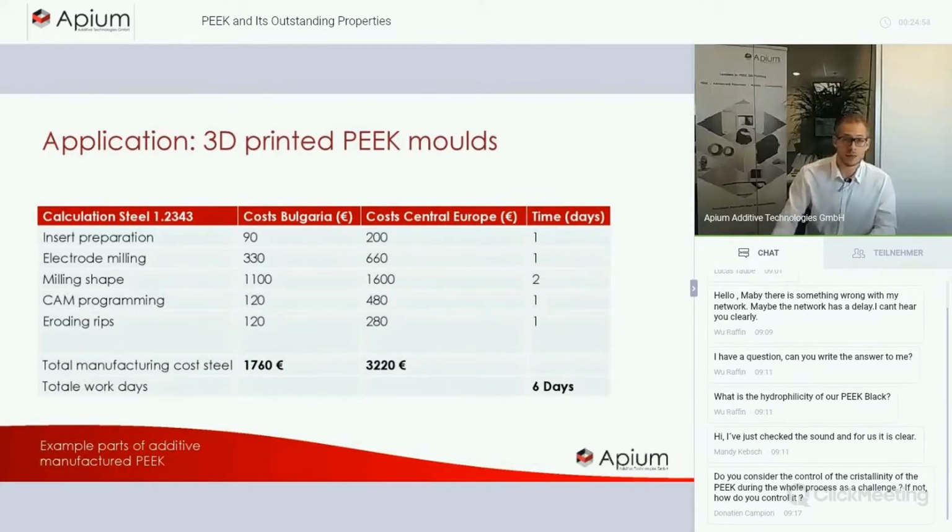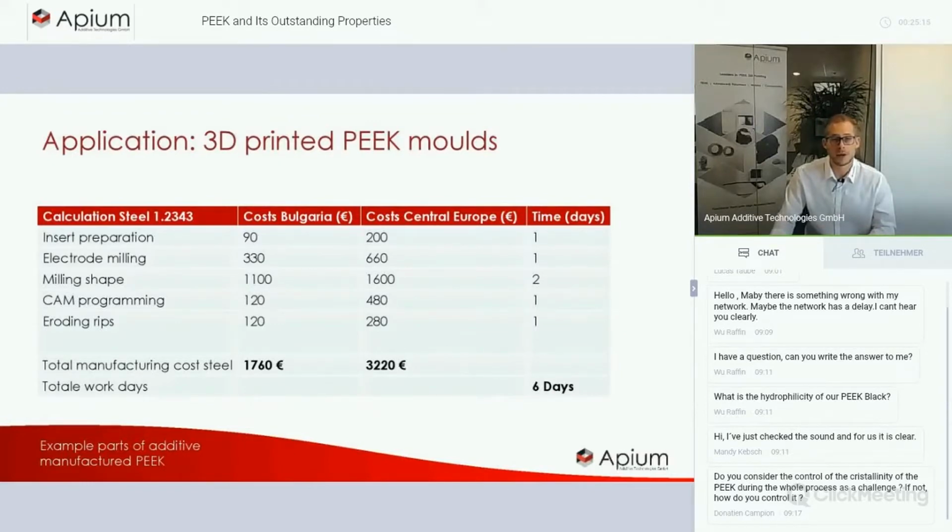it takes in Bulgaria about 90 euros and in Central Europe about 200 euros for a day of insert preparation. Electrode milling takes another day and 660 euros in Central Europe. The milling shape is 1,600 euros for 2 days.